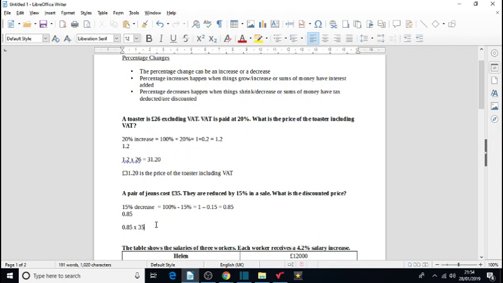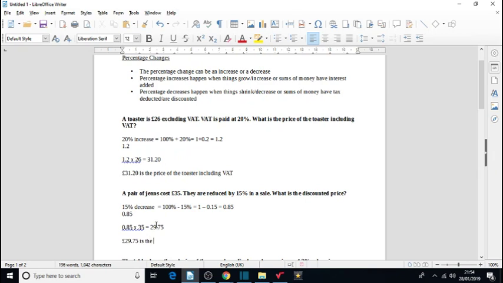So 0.85 multiplied by 35, and that is equal to 29.75. Therefore, £29.75 is the new discounted price for the pair of jeans.